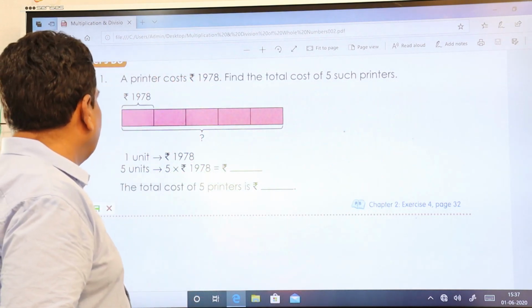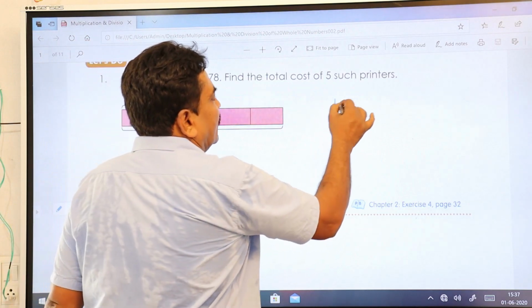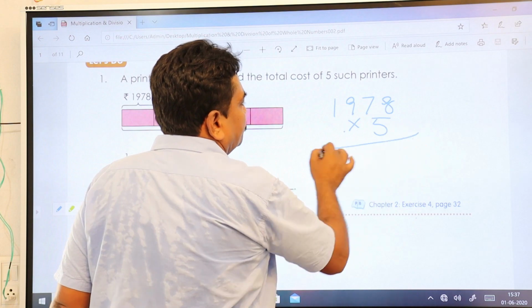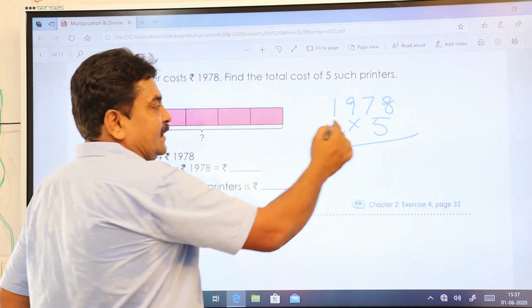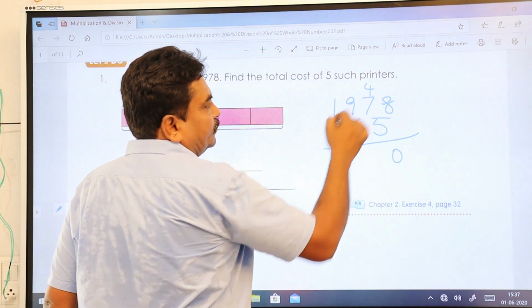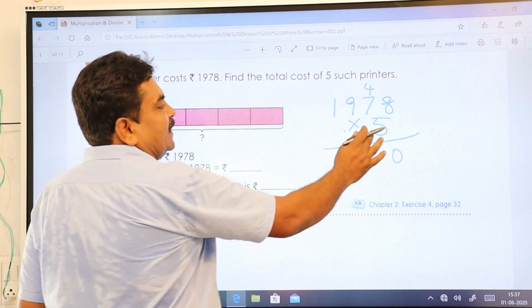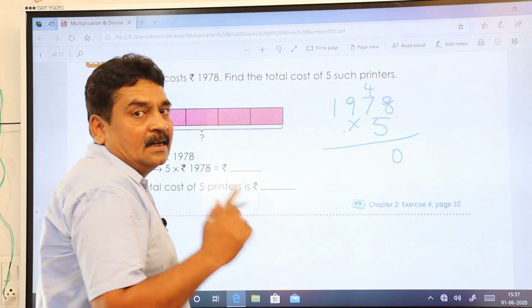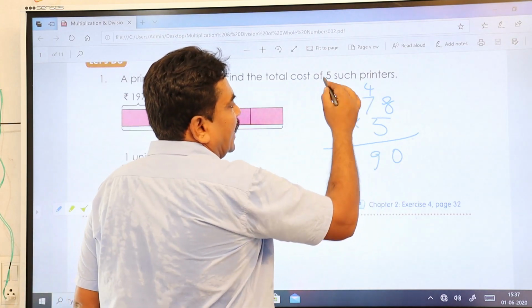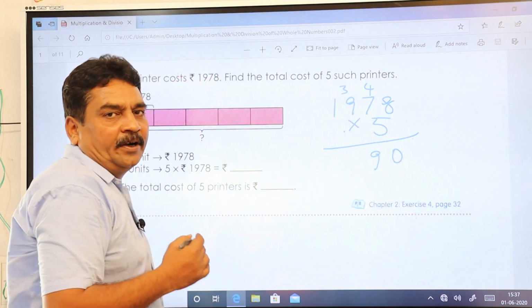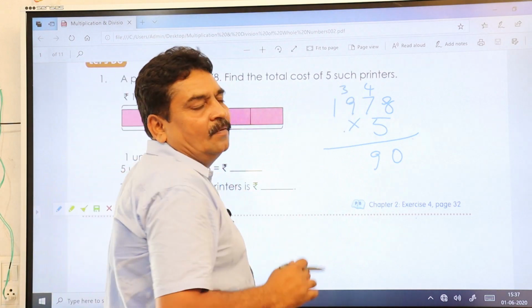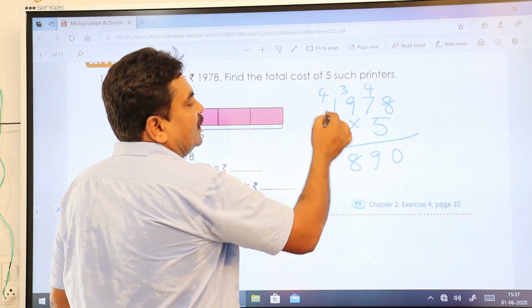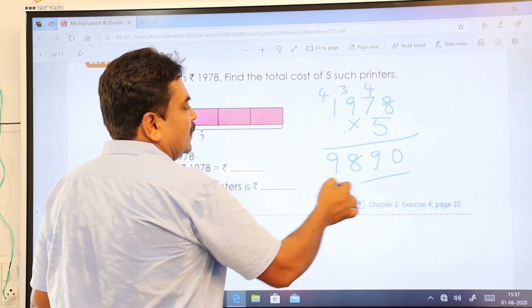Let us do 1978 into 5. 5 8s are 40. 5 7s are 35. 35 plus 4, 39. 5 9s are 45. 45 plus 3, 48. 5 1s are 5 plus 4 is how much? 9.